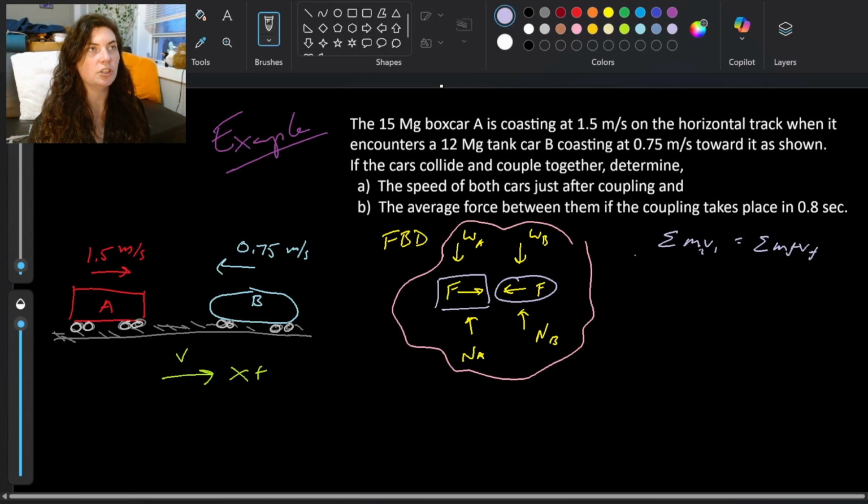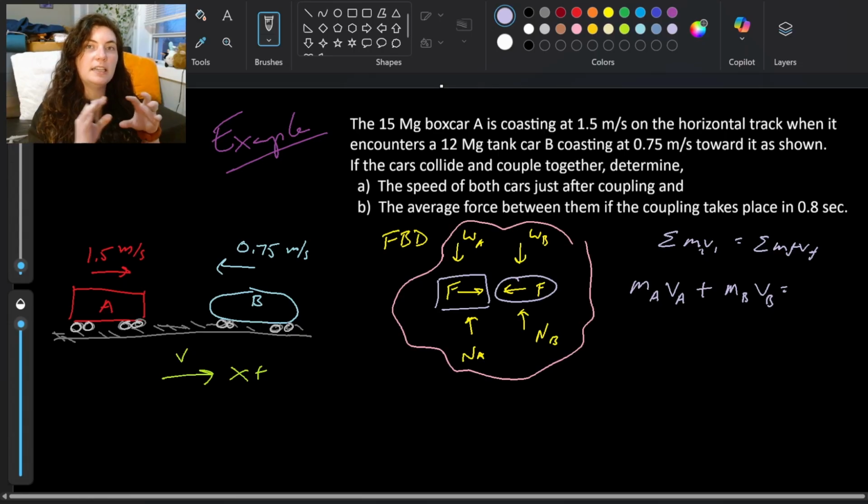So my initial is going to be right before they hit each other, right? And these cars are just coasting, so they have constant velocities anyways. They're not accelerating or anything. And I'm going to add each one together. So first we have our mass of A times the initial velocity of A plus our mass of B times the initial velocity of B.